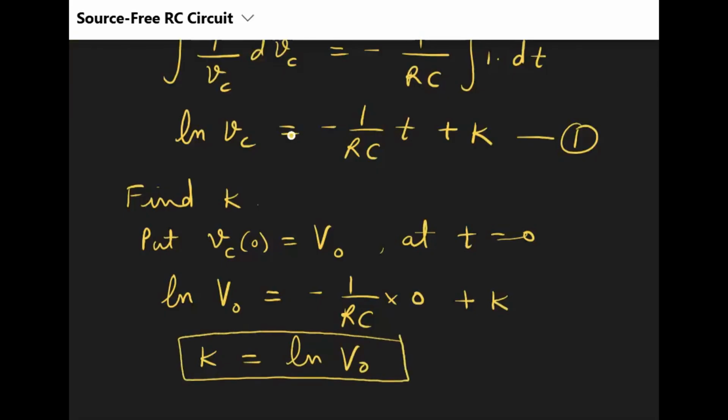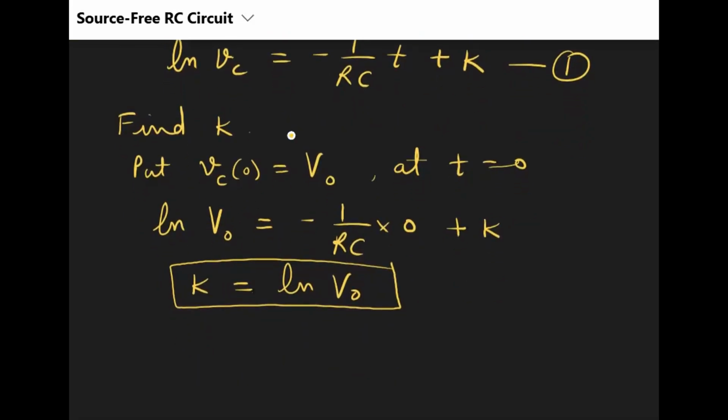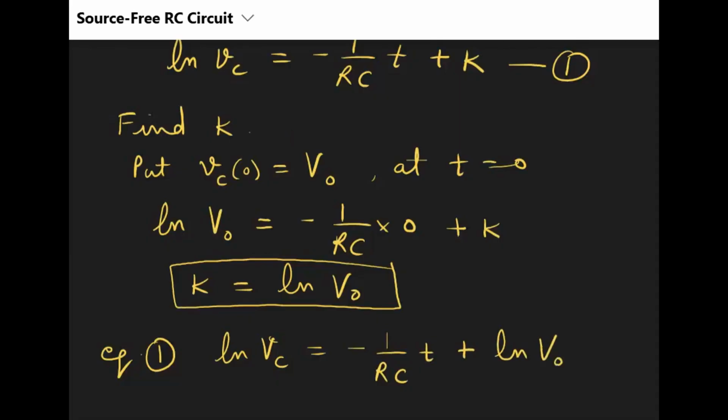So this will be the K. Substitute this K in equation 1. So equation 1 will become ln Vc equals to minus 1 upon RC t plus ln V0.